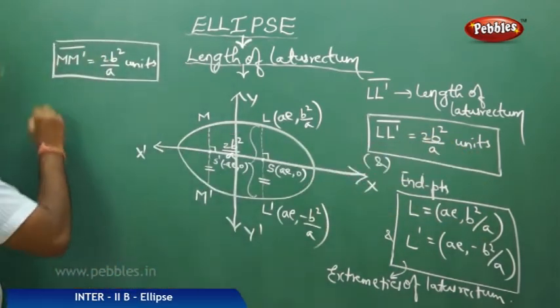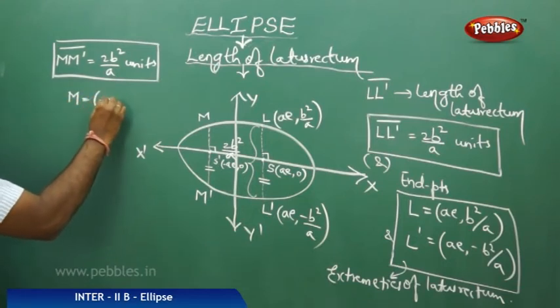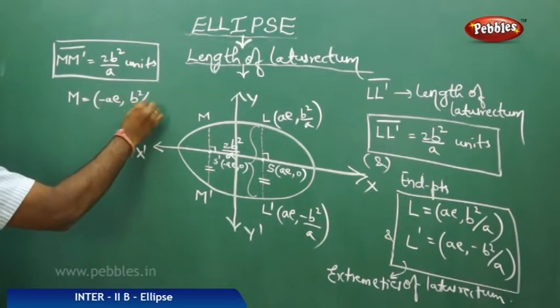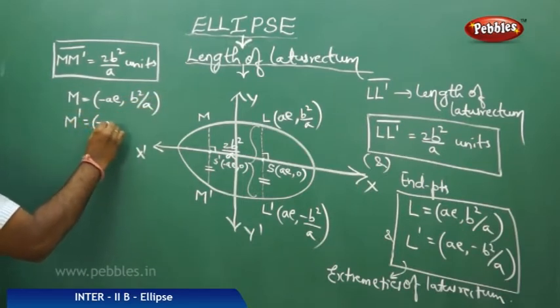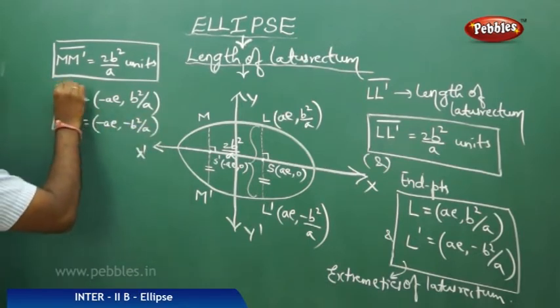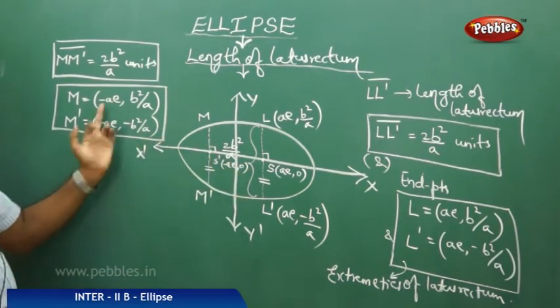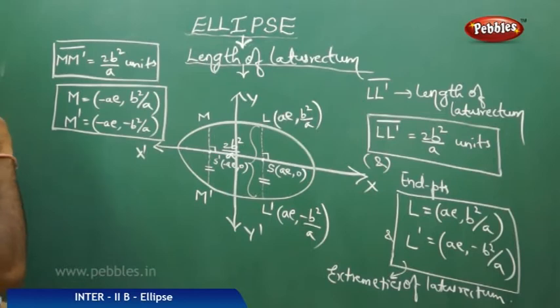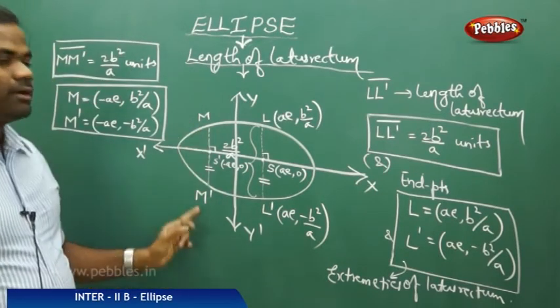And the extremities: endpoint M is given by (minus ae, b square by a), and M dash is given by (minus ae, minus b square by a), because M and M dash lie on the negative side of the x-axis, so the x-coordinate is minus for both. That is how we identify the other latus rectum with the length and endpoints.